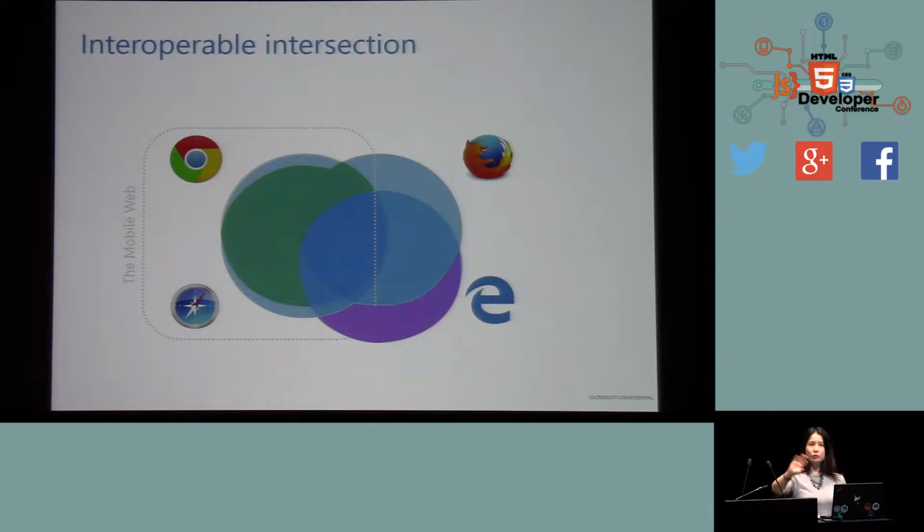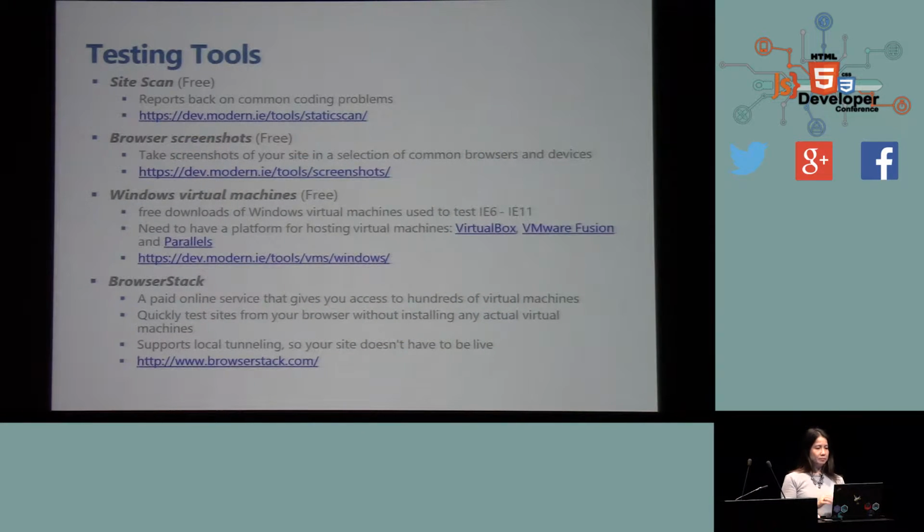We basically want to reduce the IE-specific behavior and get more overlap, getting more support for Chrome and Firefox. This is just the design principle, and you will see it when I do the demo using Edge and Chrome and some other browsers.